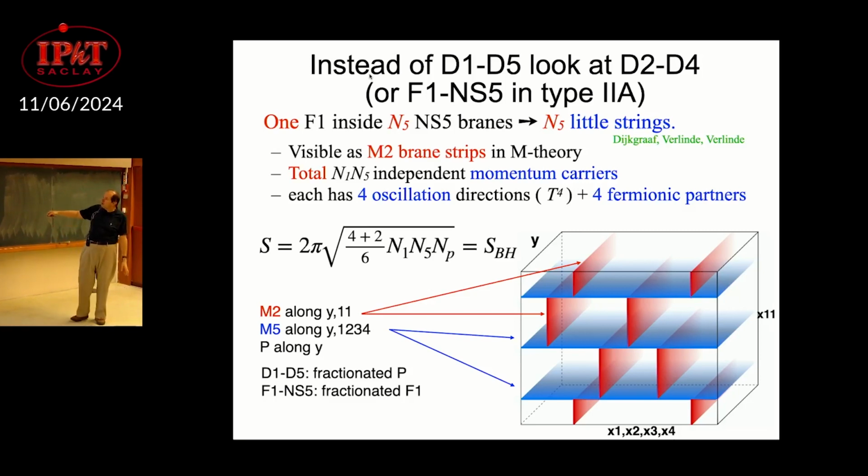And then you have N5 strips, because every M2 becomes N5 strips, and you have N1 total M2s. So you really have N1 times N5 strips like this, and all of them can carry momentum. You put momentum on all of them, and you use the Cardy formula, and you get the black hole entropy from this kind of configuration. Again, this was known by Dijkgraaf, Verlinde, and many people over the years used it.